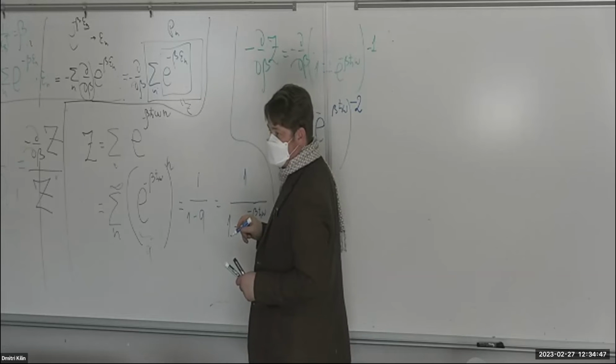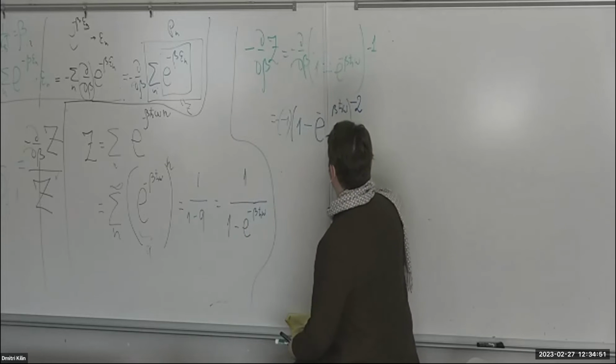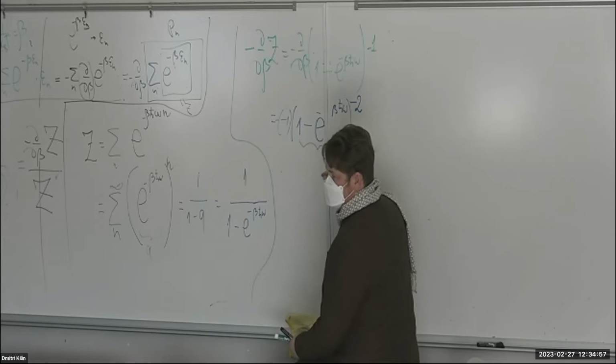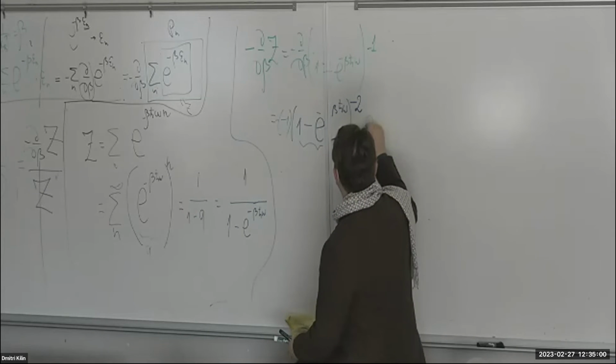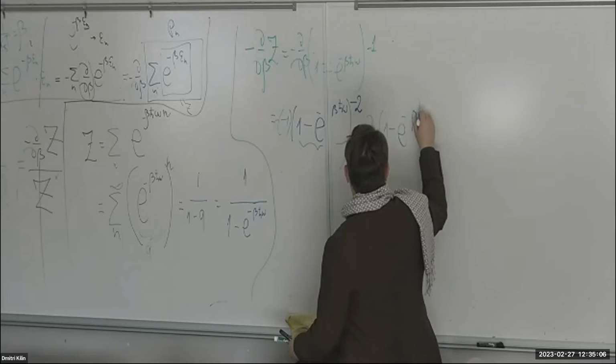Correct? Catch me if you can for credit. But now it is not a done story. After this we need to take the derivative of the content of this shell, of what was in the bracket. So d beta of 1 minus e to the power minus beta h bar omega.